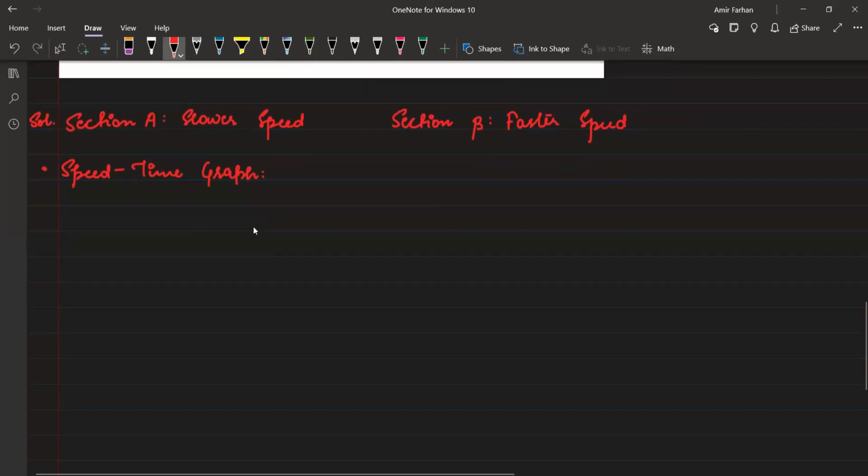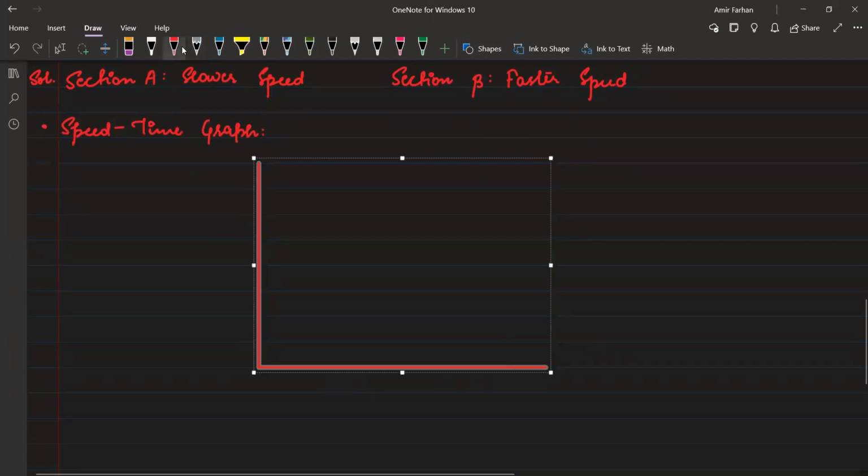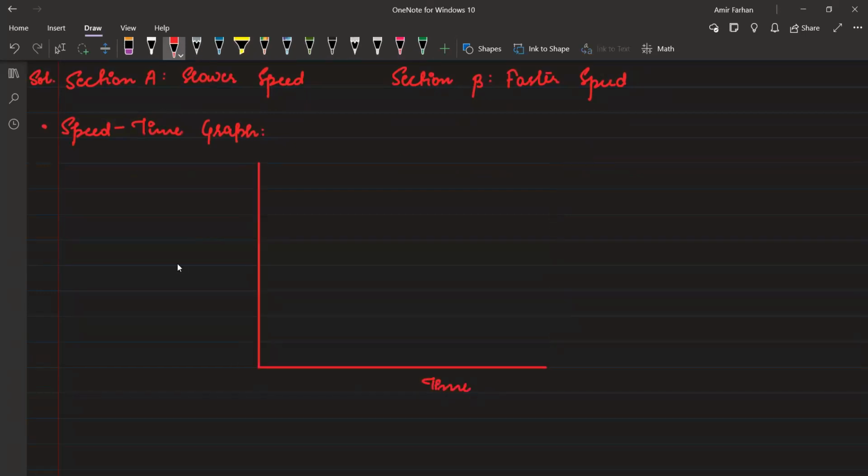Speed time graph means we have speed on one axis and time on another axis. This is speed, and this is the speed and time graph.